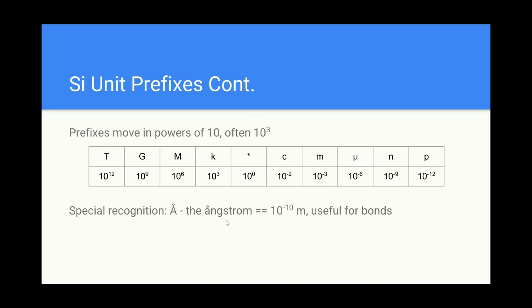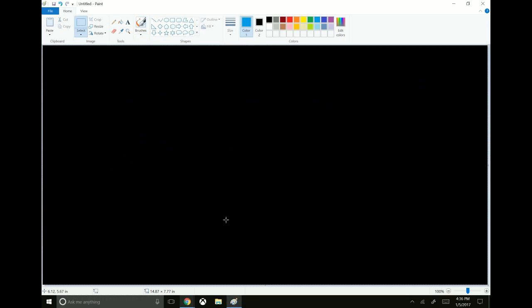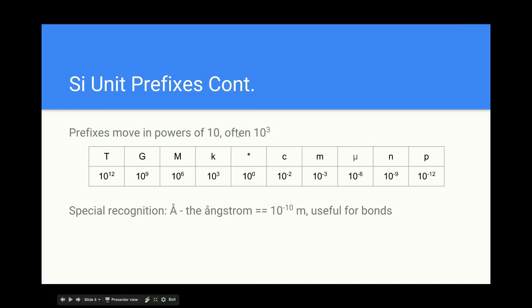Now, doing conversions between these numbers is not as terrible as you might think. So let's just say 32 grams. Let's take that to milligrams on the one hand and kilograms on the other. So you come back to this chart. Grams is right here in the middle. Milligrams is going from 0 to negative 3.